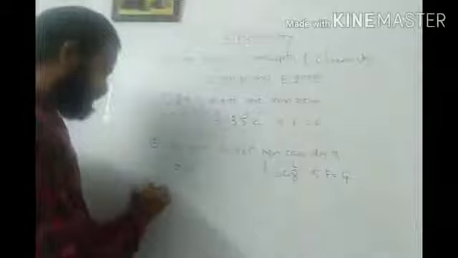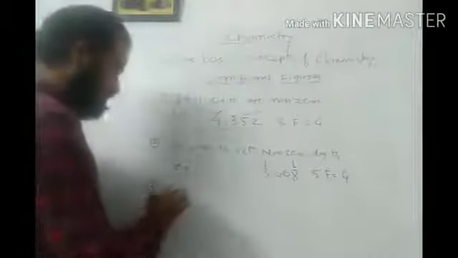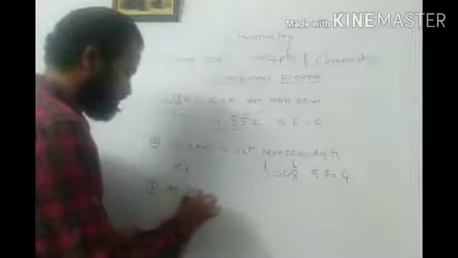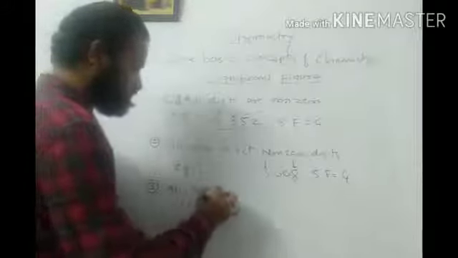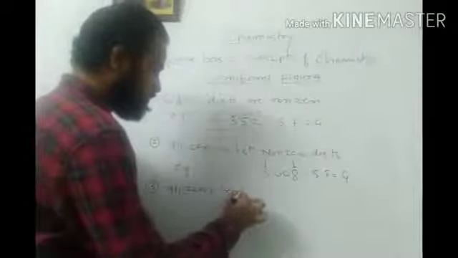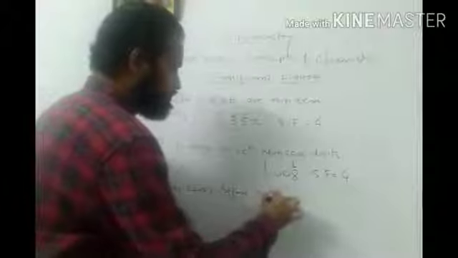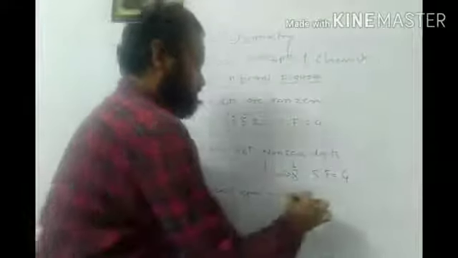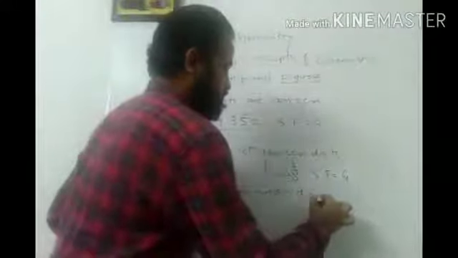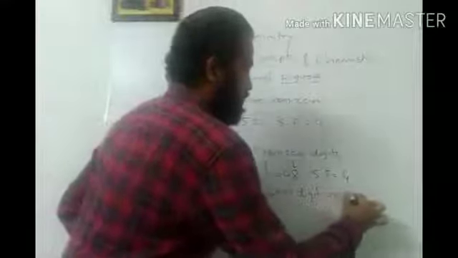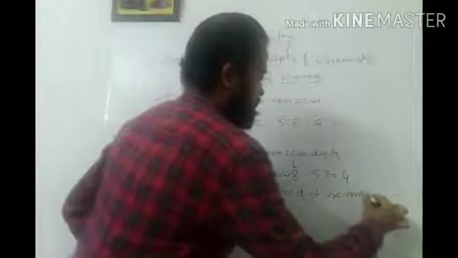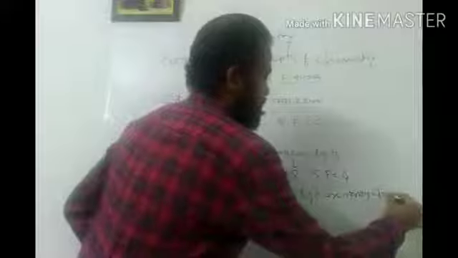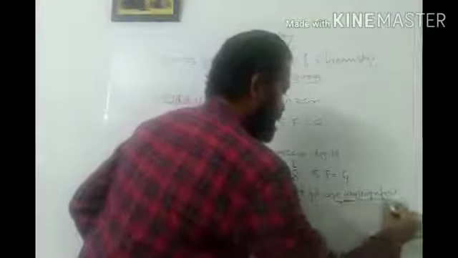Then we will discuss the third rule. All zeros before a non-zero digit are non-significant. This word, non-significant, is important here.